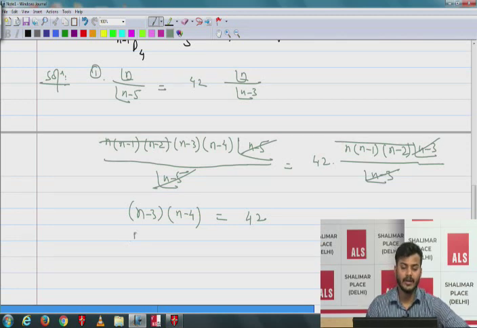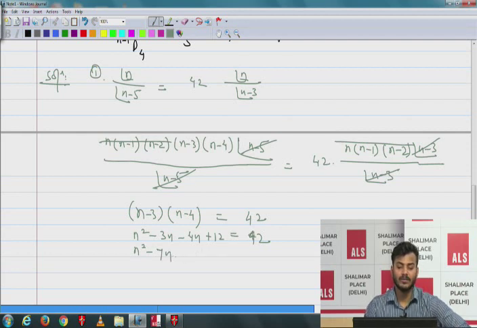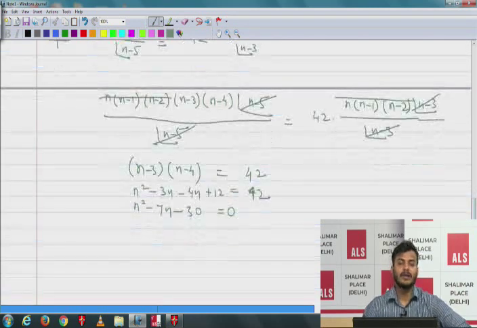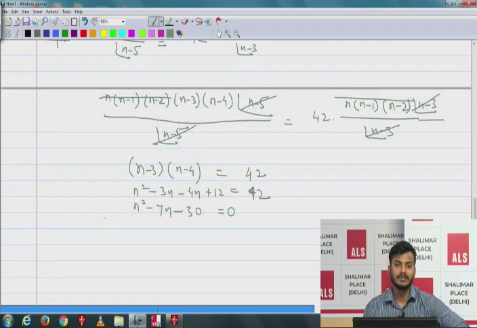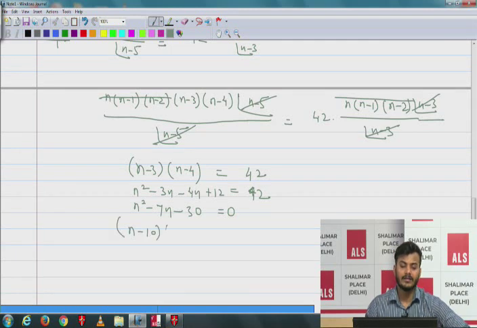Let's solve this one. n square minus 3n minus 4n plus 12 equals 42. n square minus 7n, this is 42 and this will be minus 30. Right? n square minus 7n minus 30 equals 0. What are the factors? It is (n minus 10) and (n plus 3).